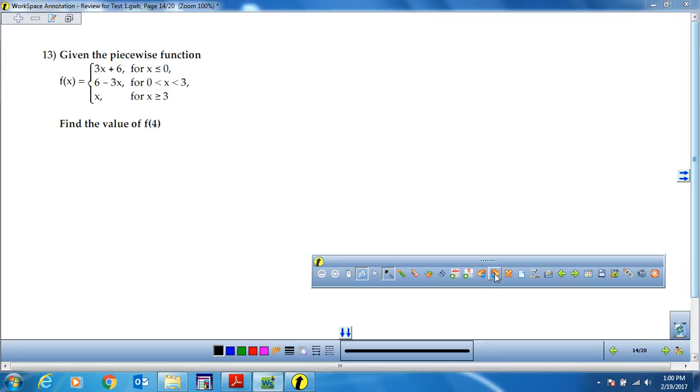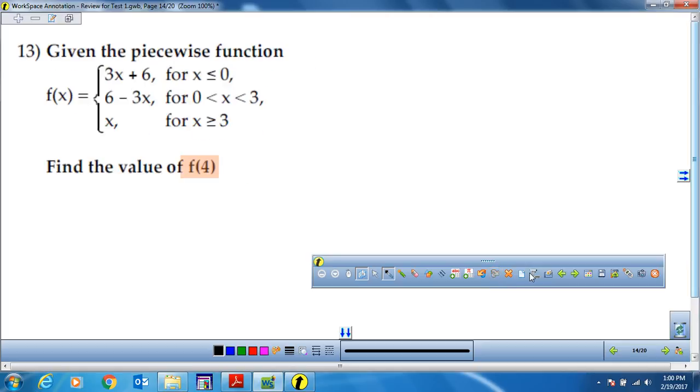Right here, we need to find out which one of those functions contains x equals to 4 in its domain. Remember that this part right here is the domain of each one of those functions.